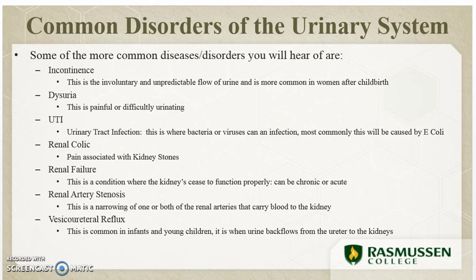With this unit, we also talk about some of the most common disorders and diseases. Most importantly, right at the top there is going to be a UTI. That's probably something that you'll deal with and see most often. You can also have renal colic, which is a kidney stone, renal failure, which we'll talk about a little bit later, incontinence, dysuria, or even renal artery stenosis.